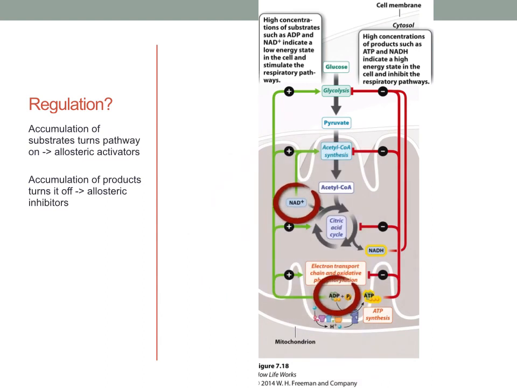Basically, what happens is that when you have an accumulation of substrates like NAD+, ADP, and Pi, so no products produced, then the accumulation of substrates will turn on all the enzymes of the chain and stimulate the glycolytic pathway.